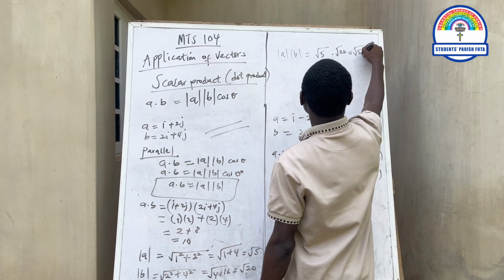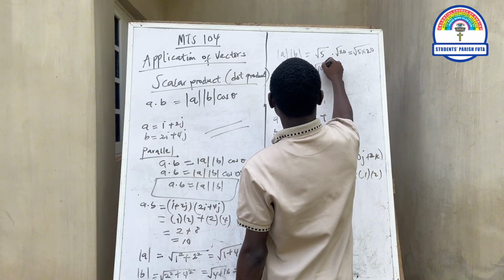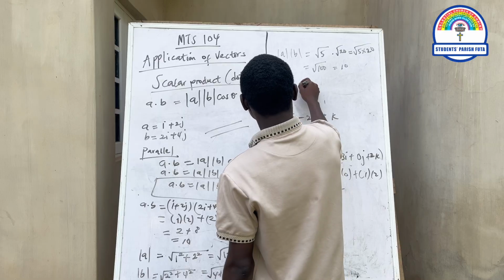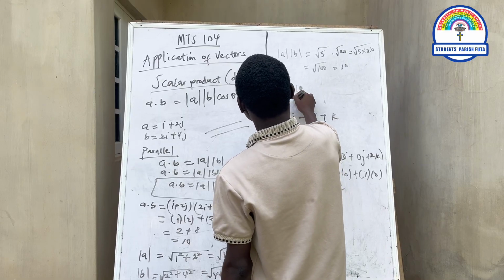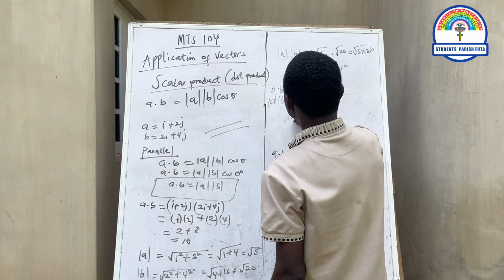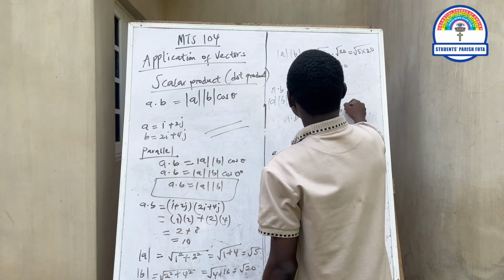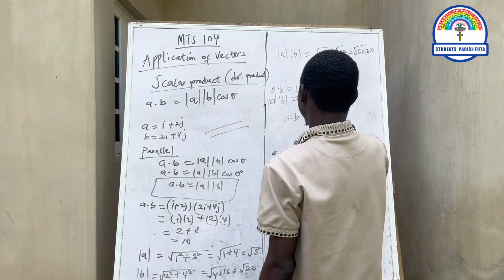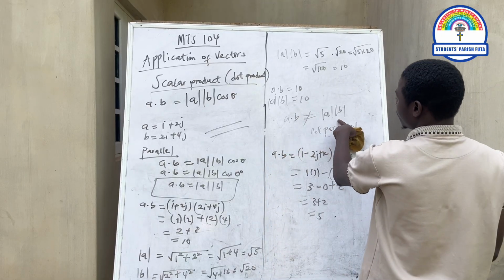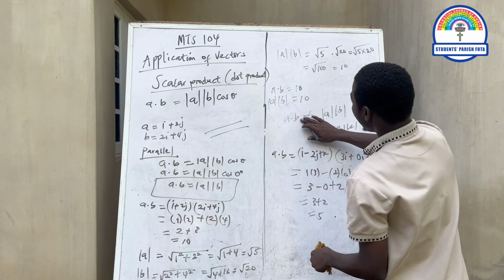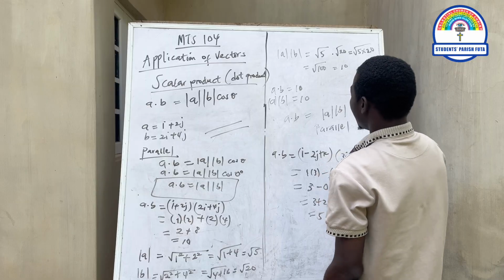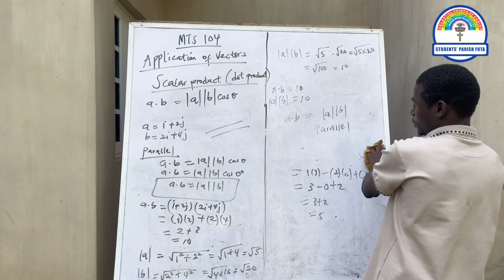That is the square root of 100, which is 10. Now look at your A dot B, it's 10. The product of the moduli is as well 10. If your A dot B is not equal to this, then you say not parallel. But since they are equal, it means the two lines are parallel. So do we get this?